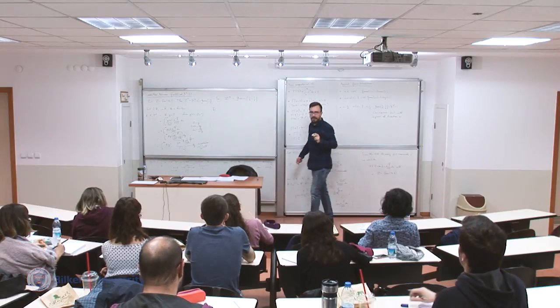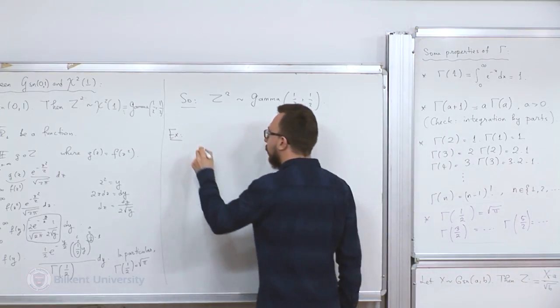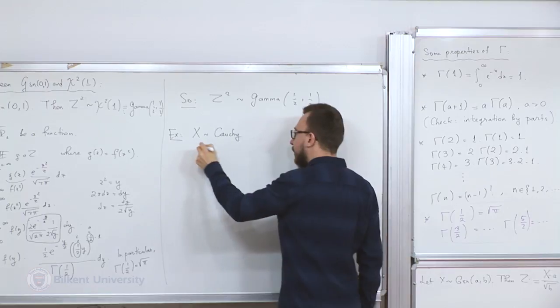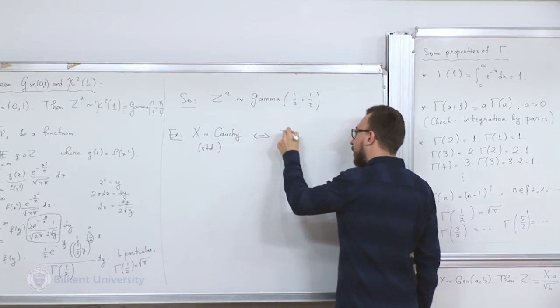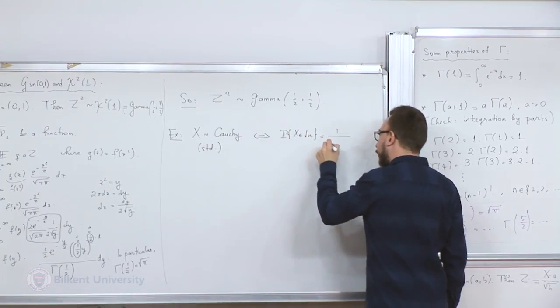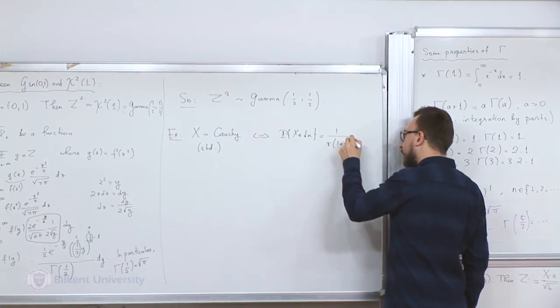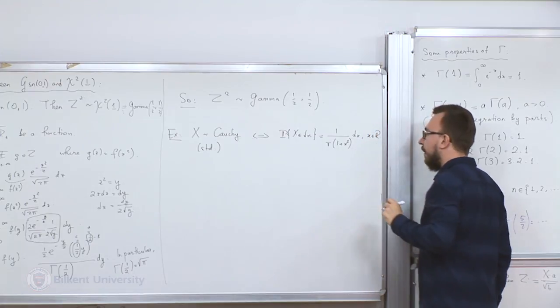Okay, another example. Another continuous random variable. So let's say X is standard Cauchy if and only if the density of X is of the following form: 1 over pi times 1 plus x squared, dx, x in the real line.